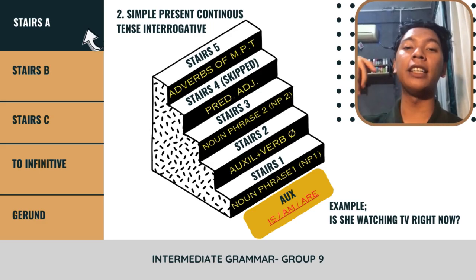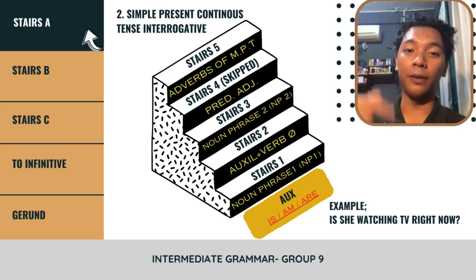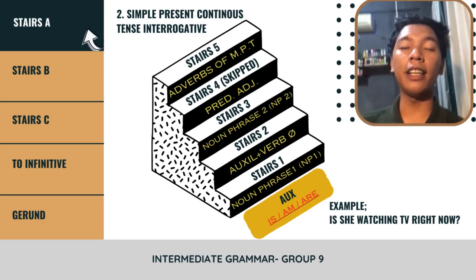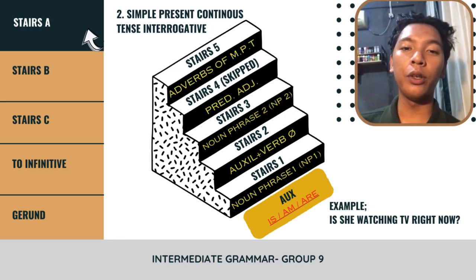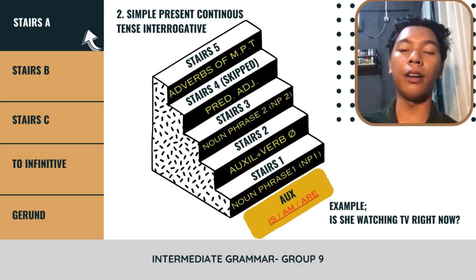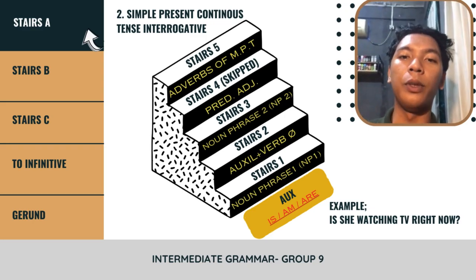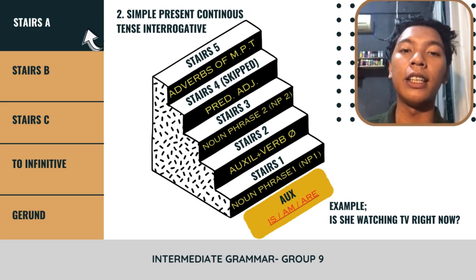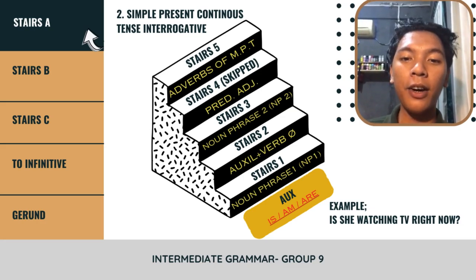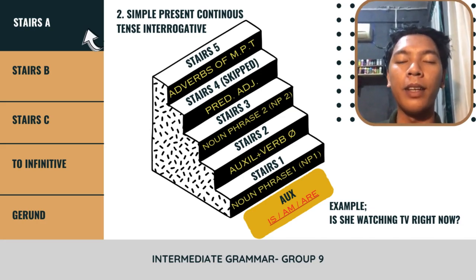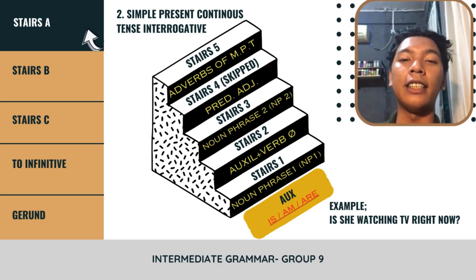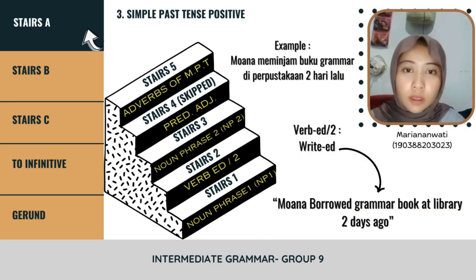In the negative way, she is not watching TV right now. So in interrogative way, we use the auxiliary first, before we go to stairs one, which is noun phrase one. Is she watching TV right now? That's it for simple present continuous tense in interrogative way.